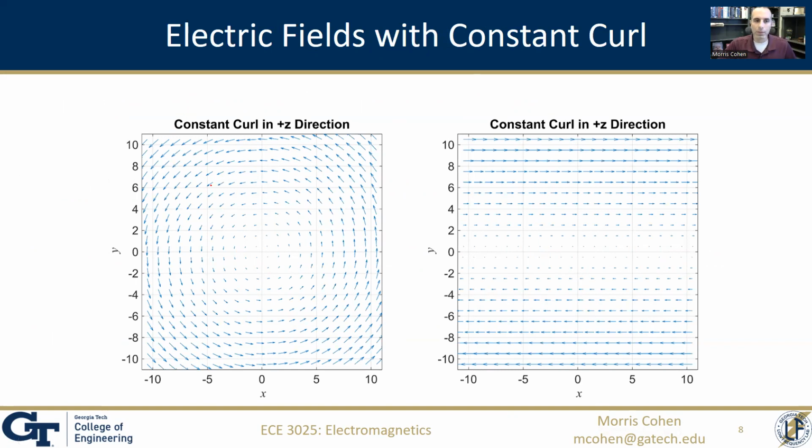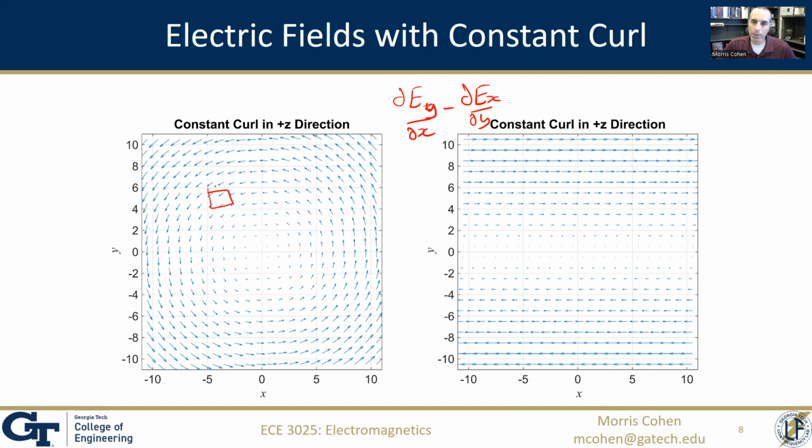For each one of these, we can set a box here, and we can take a look at the z component of the curl, which is going to be equal to dEy/dx minus dEx/dy.